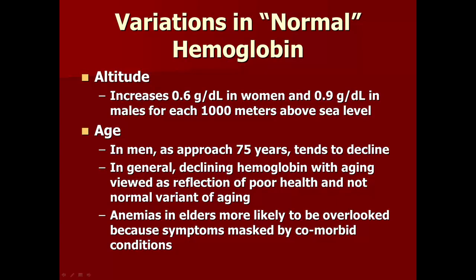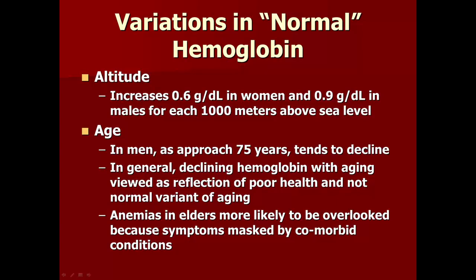In men, as they approach their 70s, mid-70s and onward, the hemoglobin level tends to decline a little bit. In general, remember that a declining hemoglobin with aging is a reflection of poor health. It's not a normal variant of aging. So then why does the hemoglobin tend to decline a little bit in men?